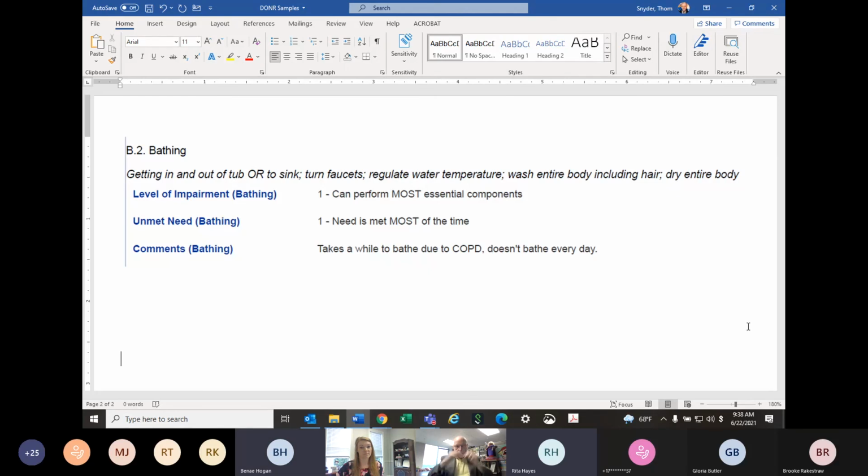Yeah, it doesn't address really any of the essential components. Can she wash and dry all body parts? Can she turn on the faucets and regulate the water temperature? That sort of thing.